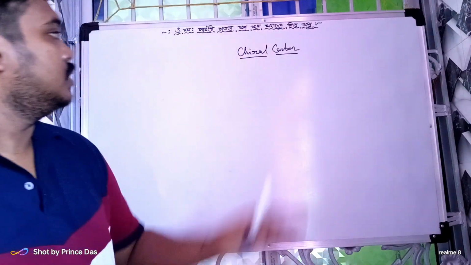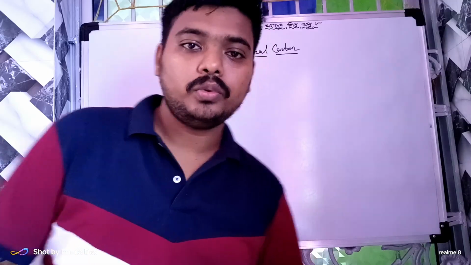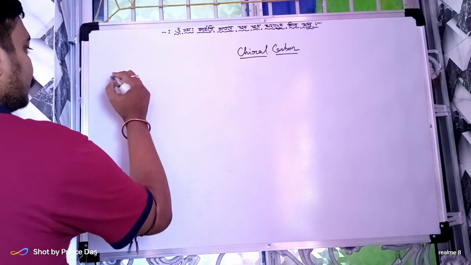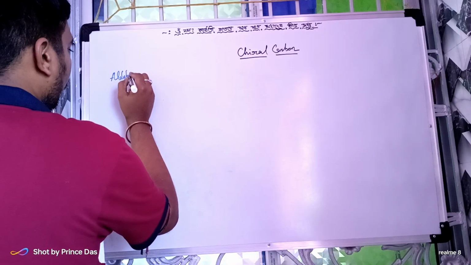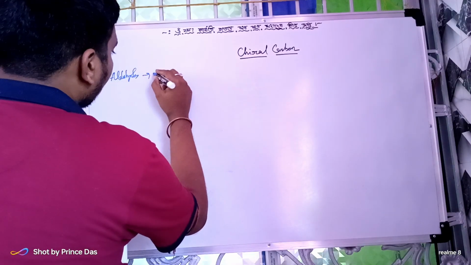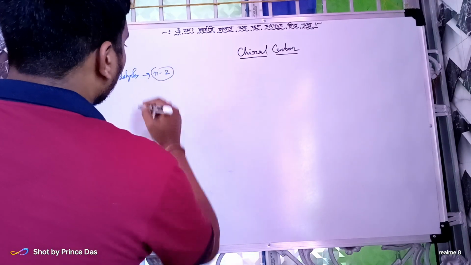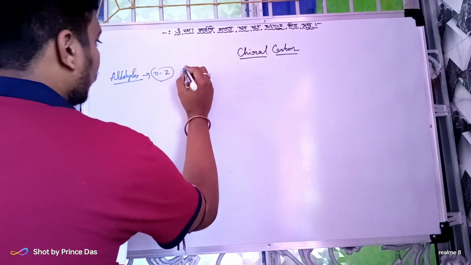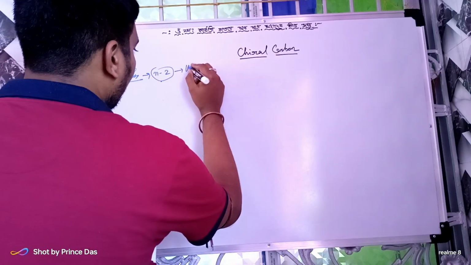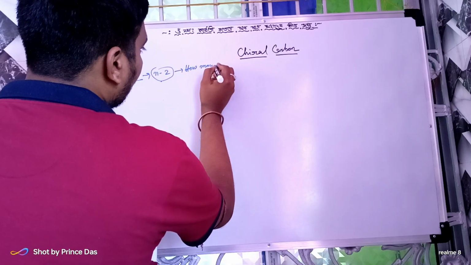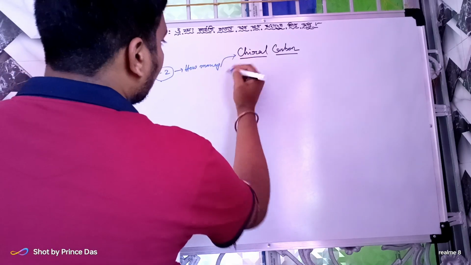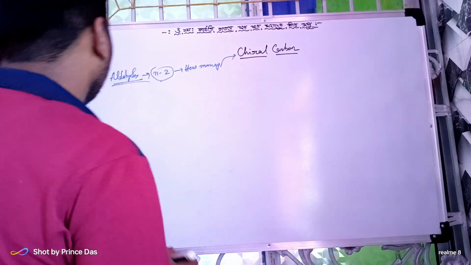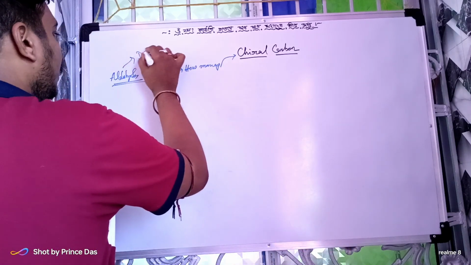So for aldehyde, this is the formula you have to remember: N minus 2 gives how many chiral carbons are in an aldehyde carbohydrate. Okay, and the example is D-glucose.